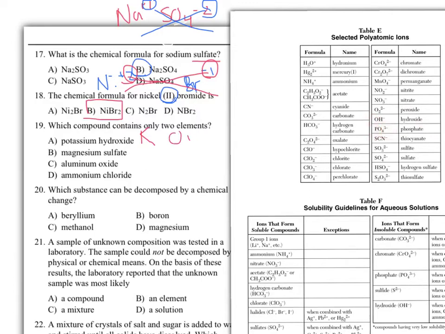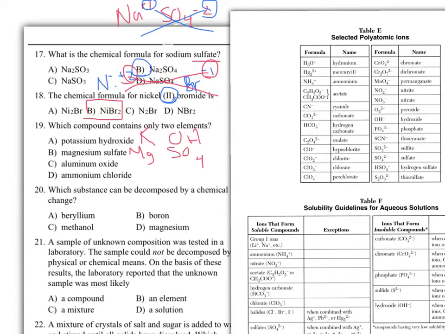So potassium hydroxide has 3 elements. Now magnesium sulfate contains magnesium, and sulfate again is found on reference table E. It is found here. It's an SO4. So when I write out the 2 parts of the formula, again we have 3 capital letters.